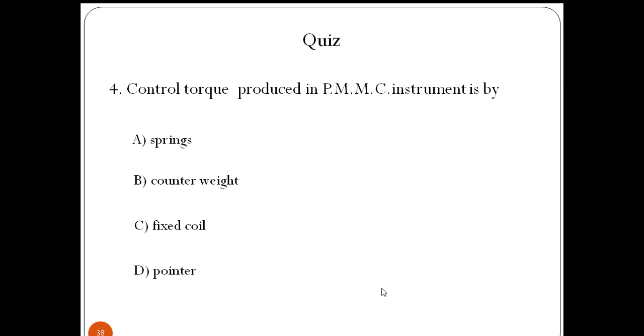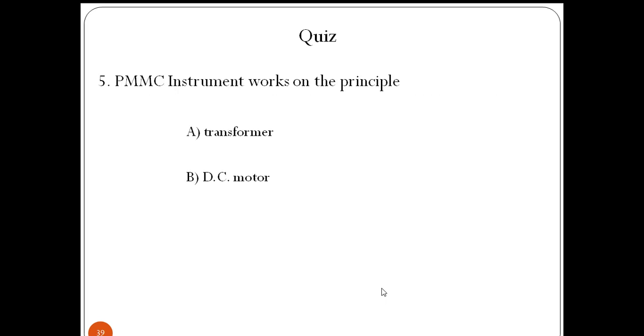Next, the control torque produced in a PMMC instrument is produced by: option A, springs; option B, counterweight; option C, fixed coil; option D, pointer. Springs, just now we discussed. Option A, springs. The PMMC meter works on the principle of a DC motor.